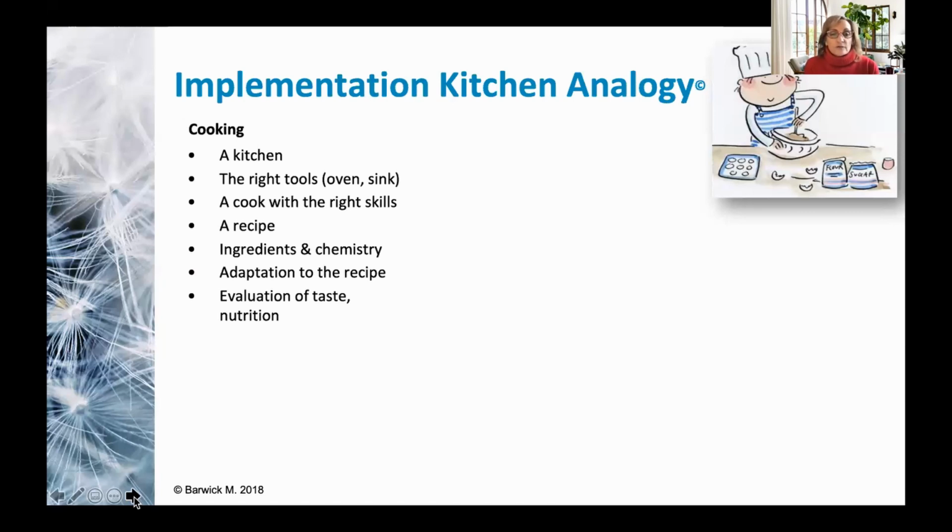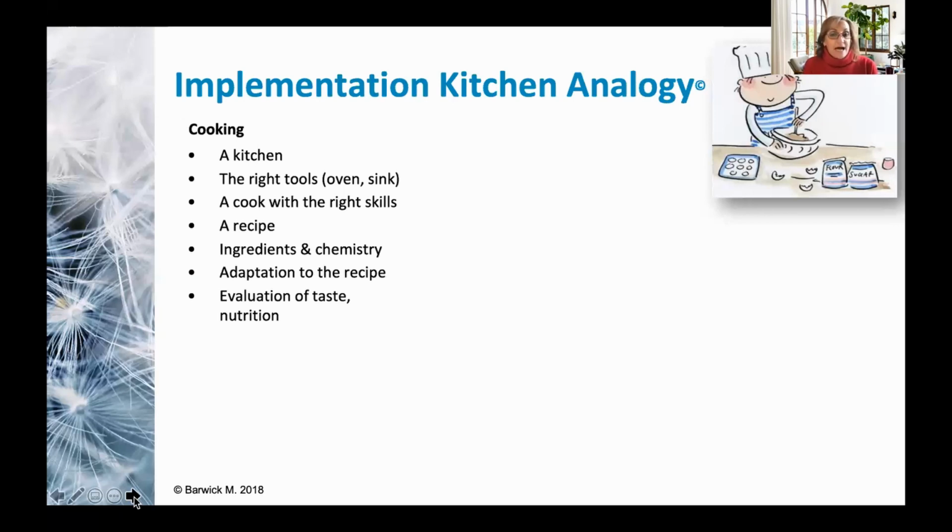You need a cook or cooks with the right skills. You need a recipe, whether it's written down or in your head, passed down through generations. You are following a step-by-step process that is known to you. You have to make sure you have the right ingredients that you're going to need in this recipe, and you know it needs some basic knowledge of the chemistry of how those ingredients mix and come together.